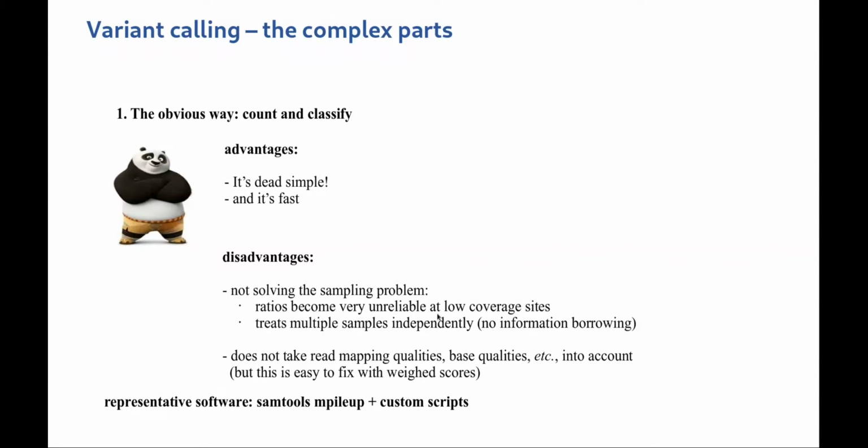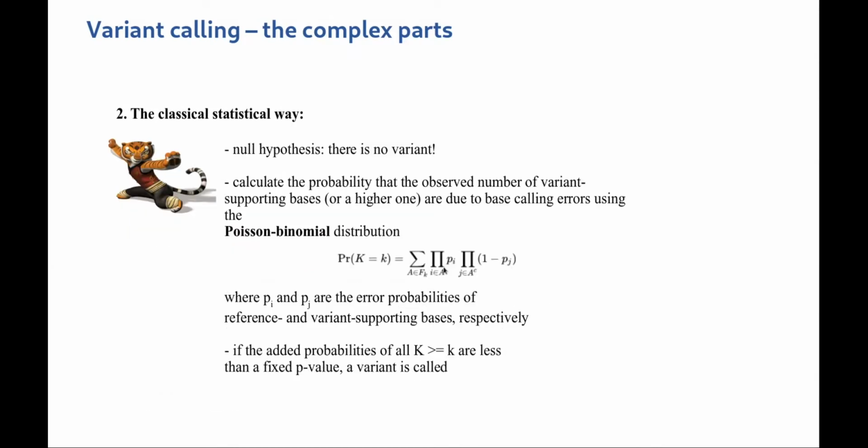However, you could do better, if you're willing to work a bit harder to get the implementation right. One thing you could do is treat this as a pure classical statistical problem. Classical statisticians like the null hypothesis, and they also use it here.